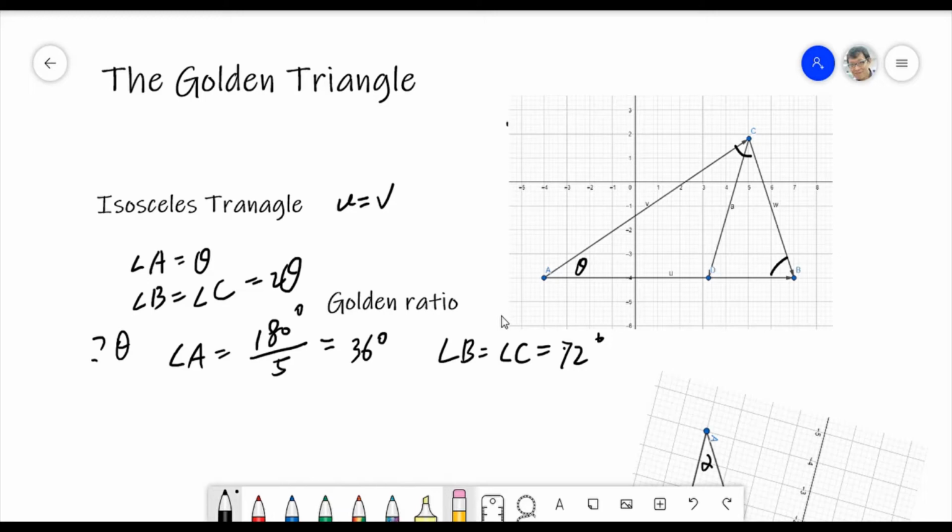This is exactly the characteristic of a golden triangle. We don't even need to mention it's an isosceles triangle. We just need to say the three angles are 36, 72, 72 degrees, then it's a golden triangle. They can be small or bigger, any similar triangle, but with these angles.